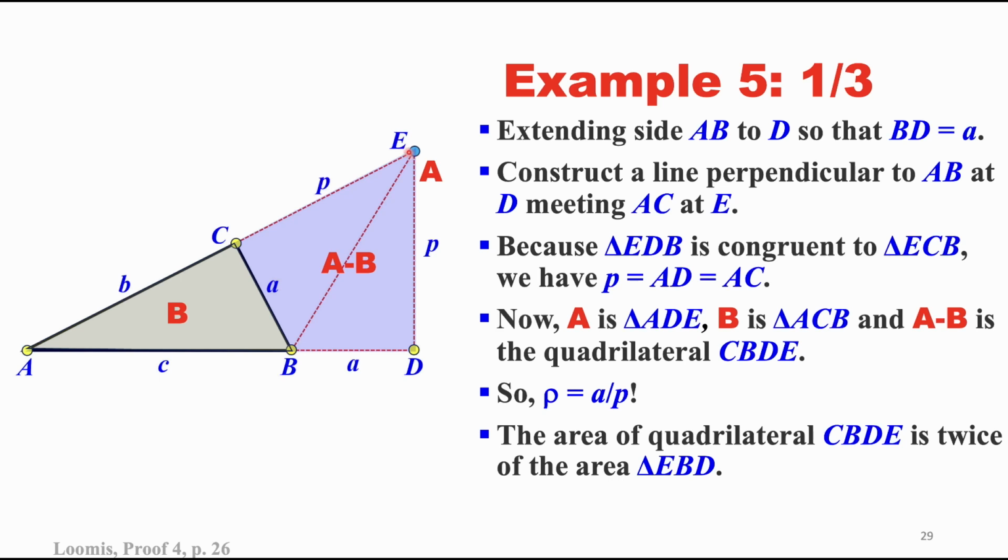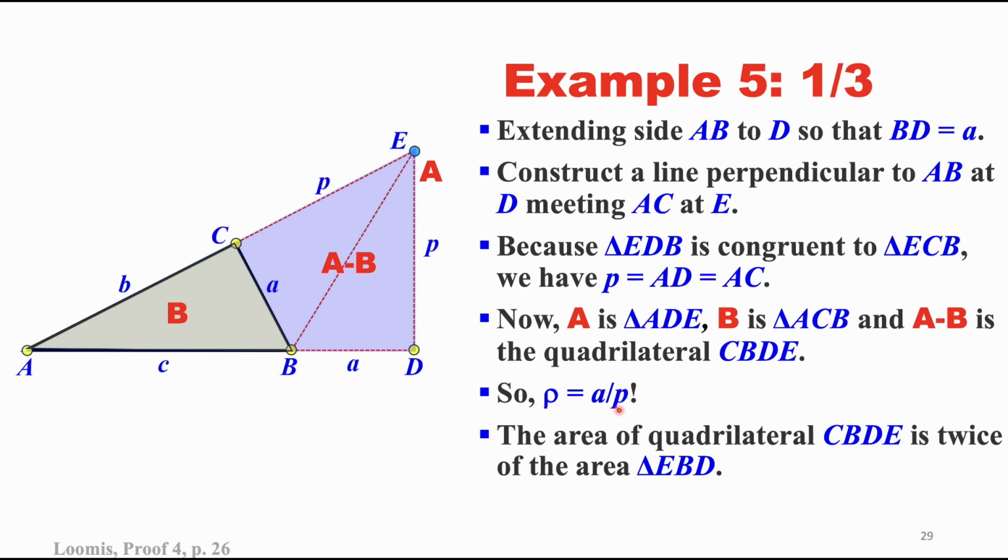What we need to do is calculate the area of this quadrilateral, ECBD, and calculate the scaling factor rho, which is pretty easy because this side, AD, after applying this rho, we get A. Therefore, rho is simply A over P.